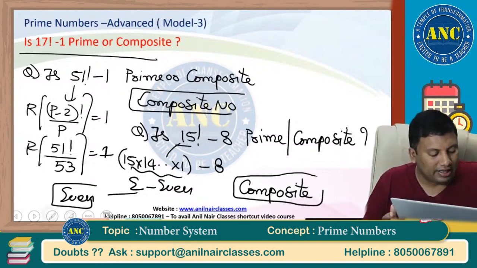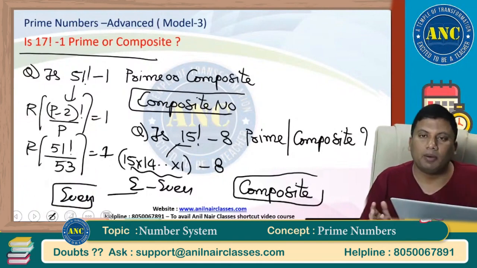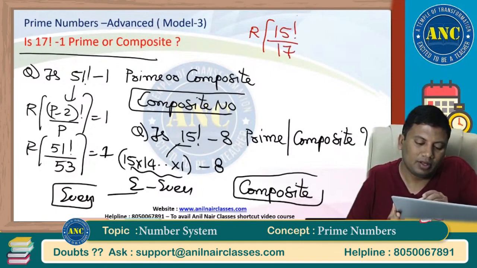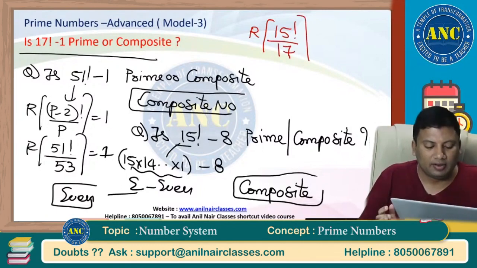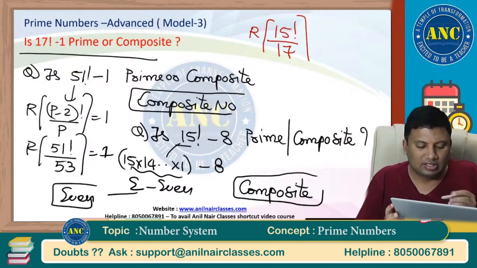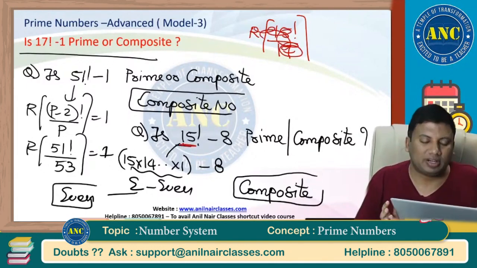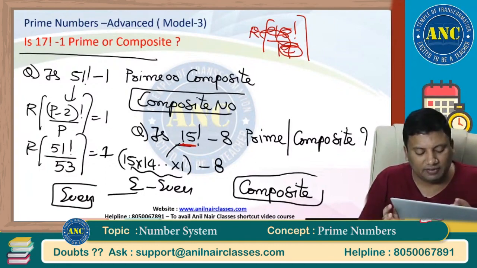I hope the idea is clear. Or you can also use 15 factorial by 17. This is the best method, sir. 15 factorial minus 8: 15 factorial contains 2, 8 also contains 2, so the answer is divisible by 2.